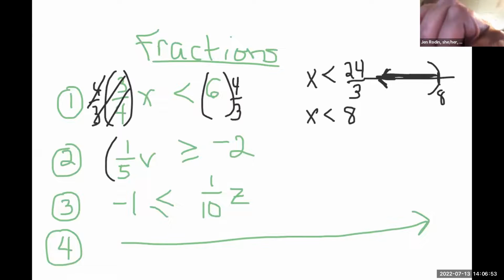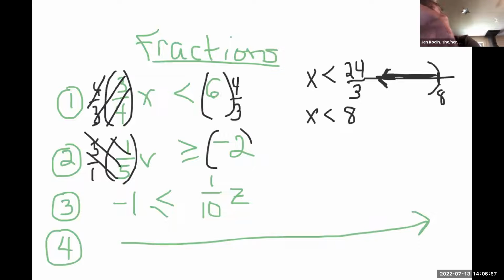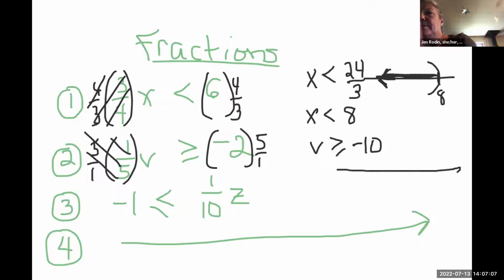This one, multiply both sides by 5. v is greater than or equal to -10. So here's 0, let's say -10 is clear over here, greater than or equal to, it'd be like that.